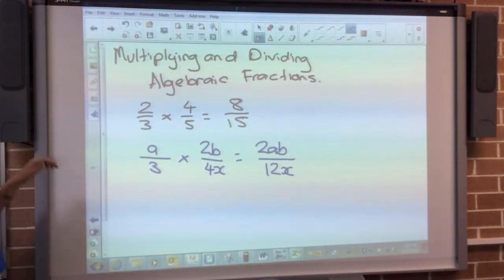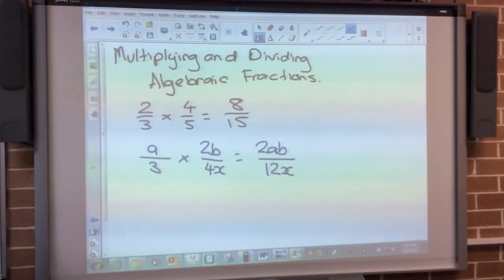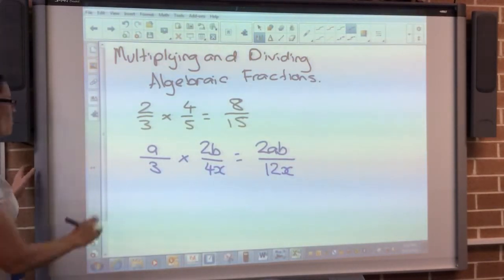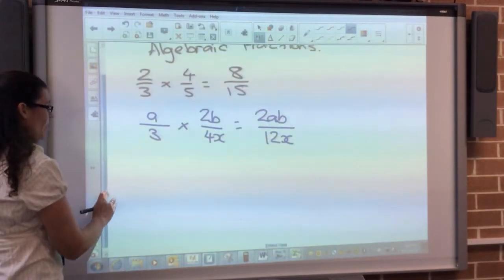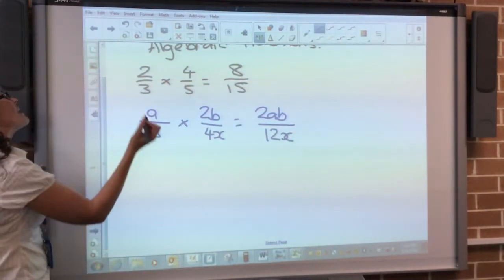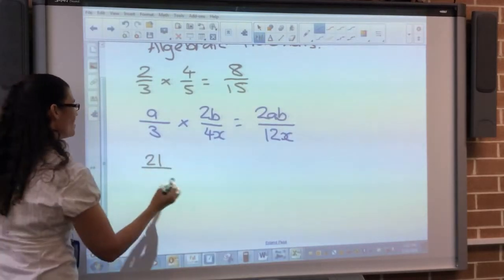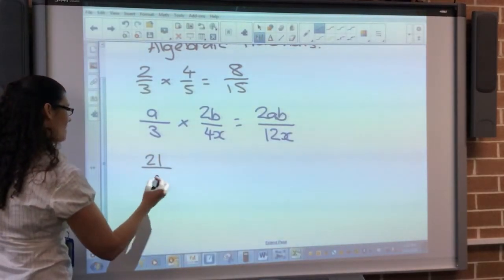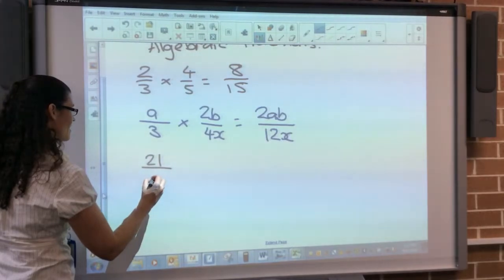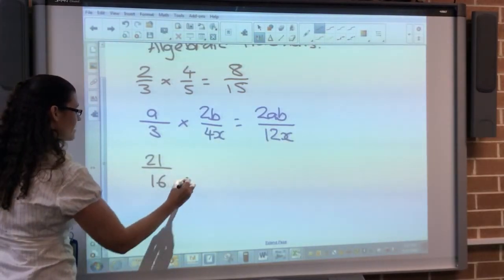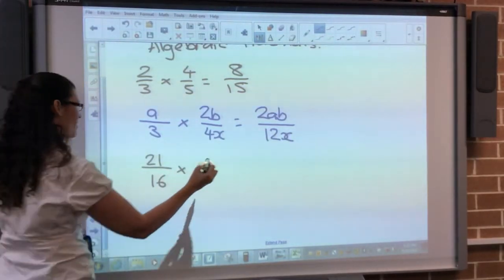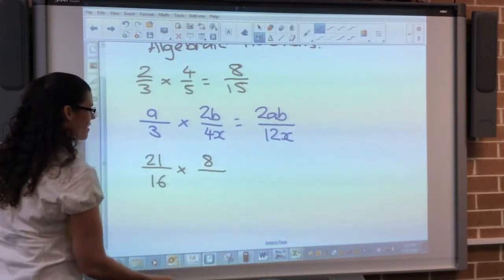Now, when we got trickier questions for multiplication, we would sometimes simplify before we did the question. Let's look at how that works with numbers. So for example, if I had 21 on 16 times 8 over 14.